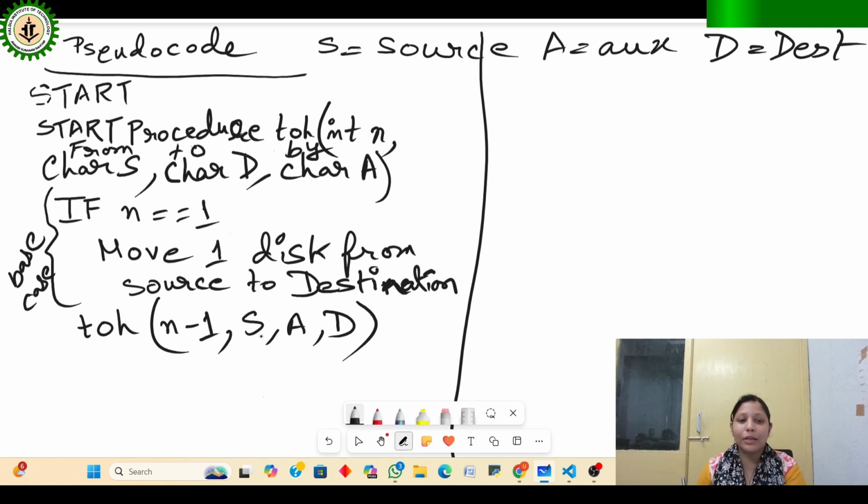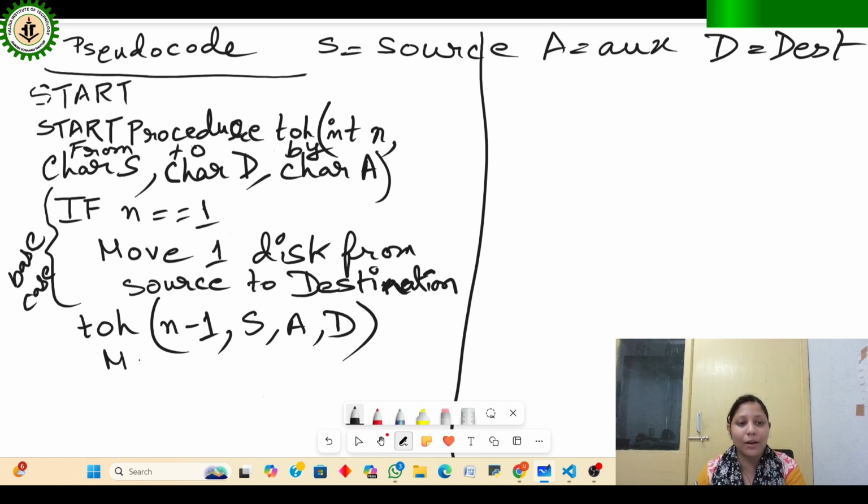So in the first case, we can see that in Tower of Hanoi, n minus 1, or n minus 2, n minus 3, like this, these disks are moving from source to auxiliary via destination.